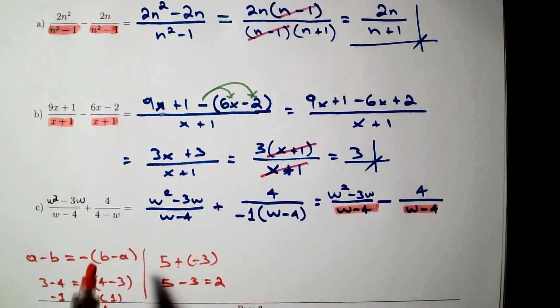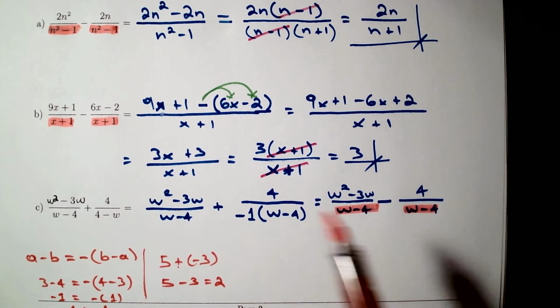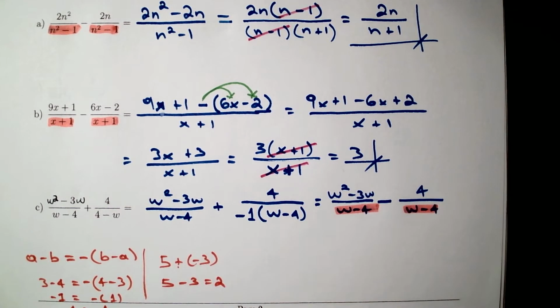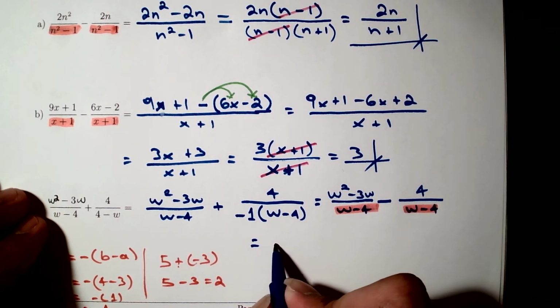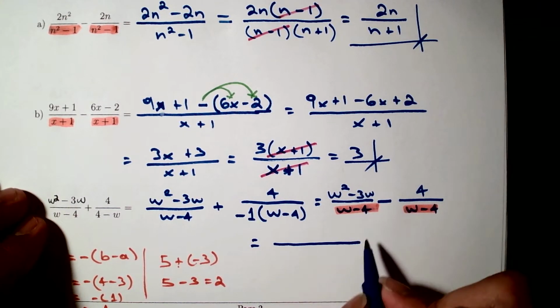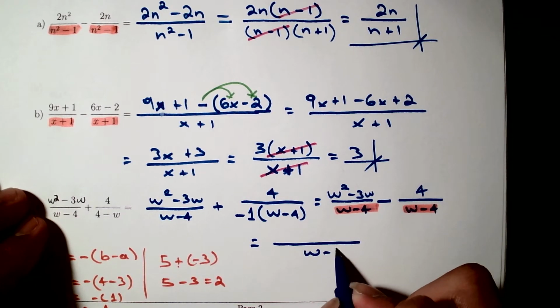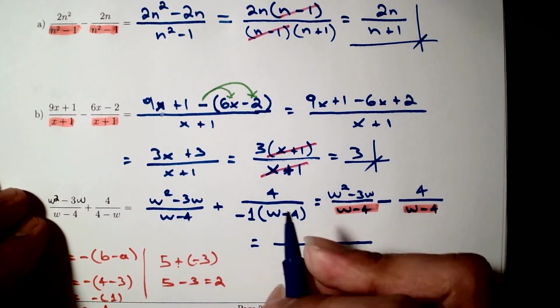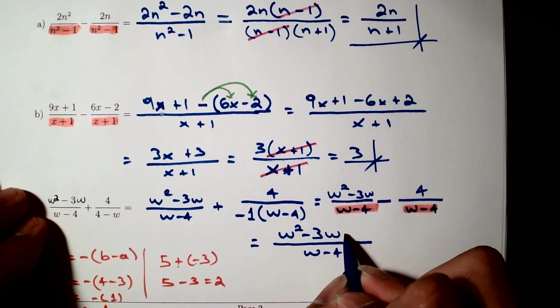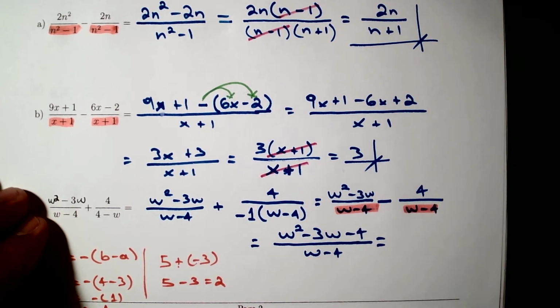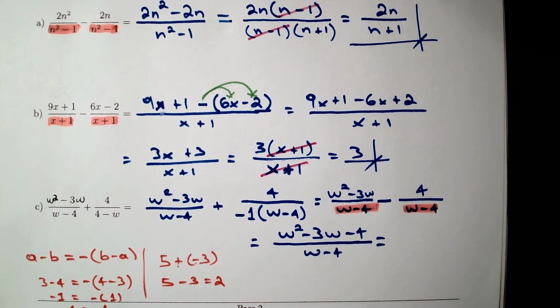Well, we can use this little trick of factoring out the negative to finally turn them into the same denominator. And what are we going to do next? Write a big fraction with the same denominator and bring down w squared minus 3w minus 4. So we are potentially done.